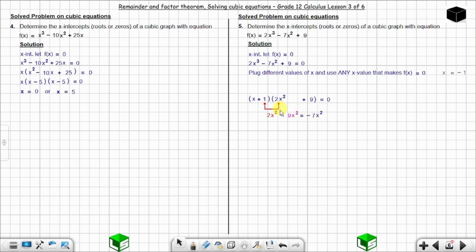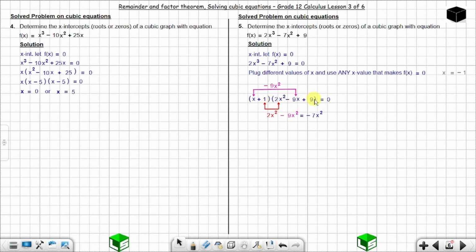So you have to get −9x² from x multiplied by the middle term in the quadratic part. So you multiply x by −9x. When you multiply this and this, you get this. So this is what you have.